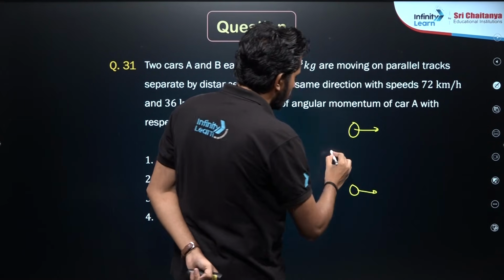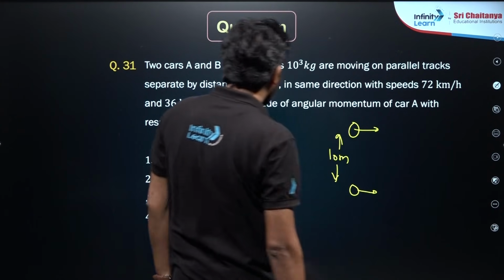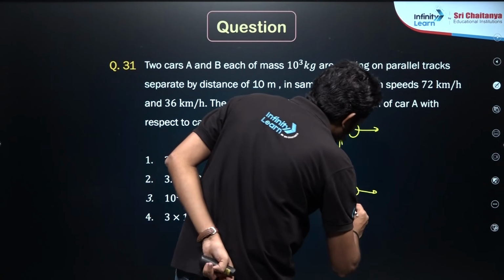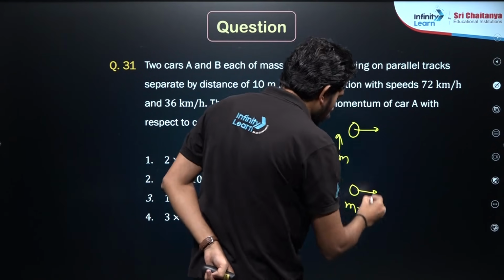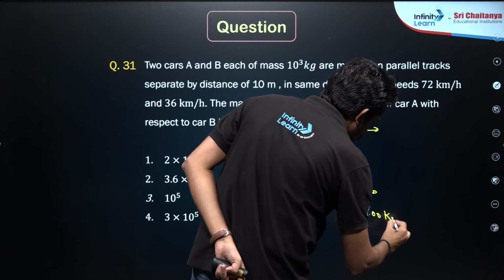Both are parallel and separated by 10 meter, right? Distance between those is 10 meter. Mass of both is 1000 kilograms.